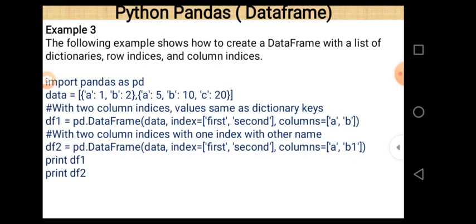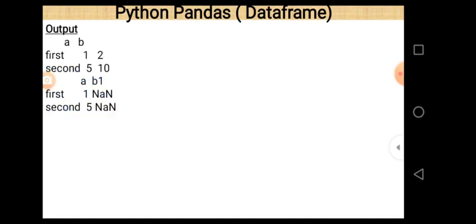And when we print both of these, print df1 and print df2, what happens? Let us see, the output looks like this. A, B, 1, 2, 5, 10, with first and second, is the output corresponding to df1, and for the second case, the second data frame df2, again the index values are the same as the previous one, first and second, and the column values are a and b1.